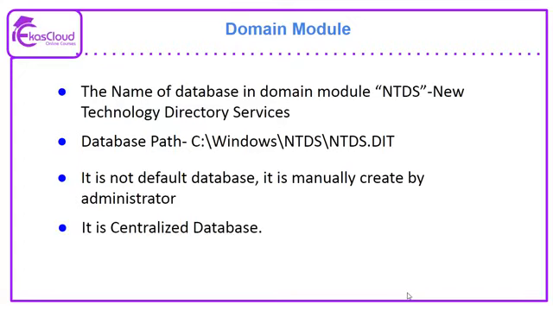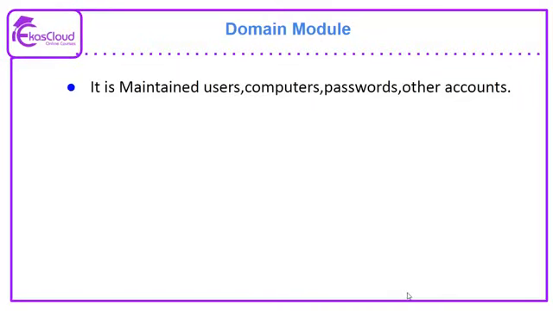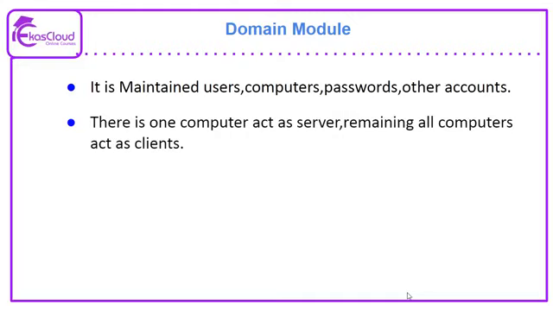Next, this database is a centralized database. It maintains users, computers, passwords, and other account information, and one computer acts as the server while all remaining computers act as clients.